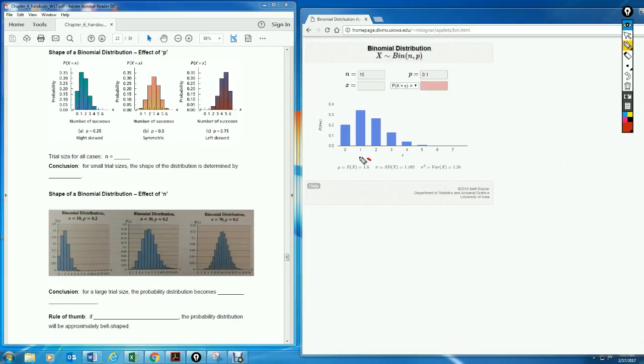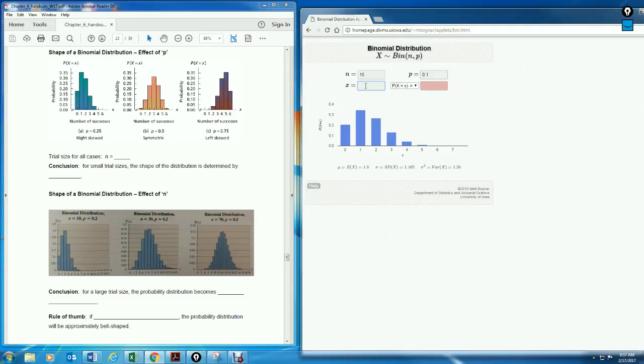Also, this is nice because it will calculate the mean for you down here, and the standard deviation right here. It doesn't print out the whole probability distribution the way StatDisk does, but we can calculate particular values. In part B of the problem, we had calculated the probability of at least 1.